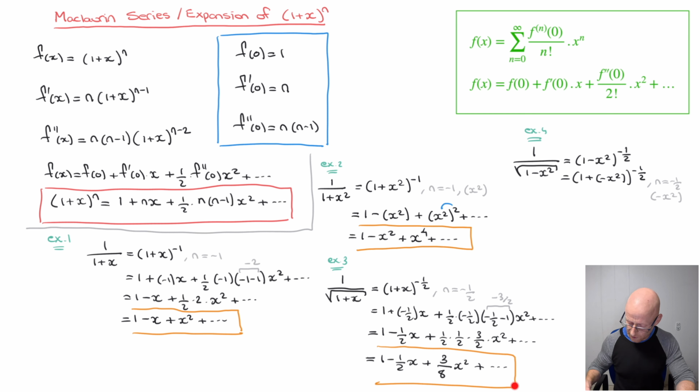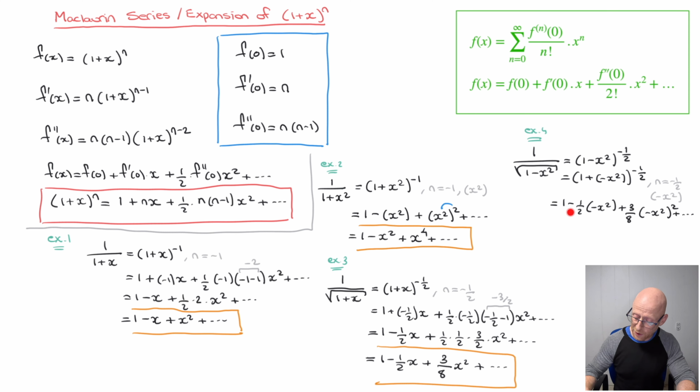So copying this result, but replacing every x we see by negative x squared in a pair of parentheses, this becomes 1 minus 1/2 of x, so that will become 1/2 of negative x squared. So let me write that. That's 1/2 of negative x squared plus 3/8 times x squared. And so replacing this x by negative x squared in parentheses, that becomes plus 3/8 of negative x squared in parentheses squared. And we add 3 dots to all of that.